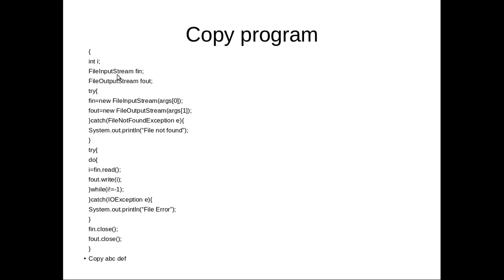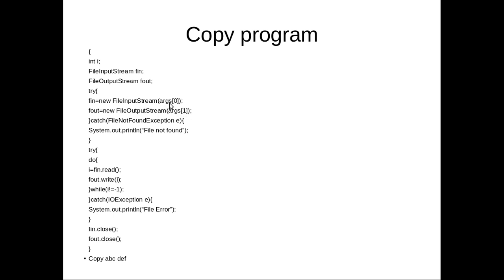Now here we have FileInputStream fin and FileOutputStream fout. Now you are going to create two objects, fin and fout. For the input stream, you have passed args[0], or ABC, as your file name, and for the FileOutputStream args[1], or DEF, as the file name.